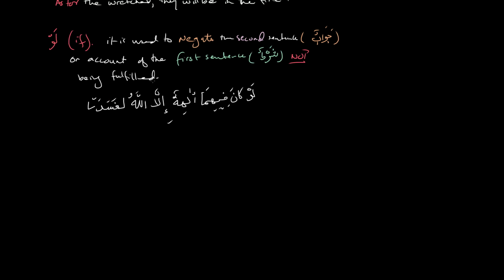If there had been gods besides Allah in them, the heavens and the earth, they would have been corrupted. It is used to negate the second sentence.